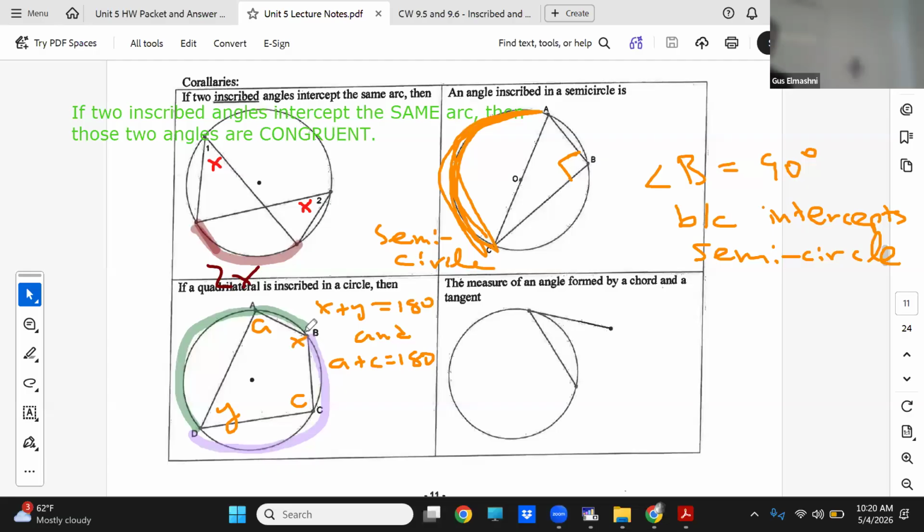Another concept, and then the last concept, and we'll start doing some practice problems. It's kind of a funky one. So this is a tangent line and a chord. Here's your tangent line. Here's your chord.